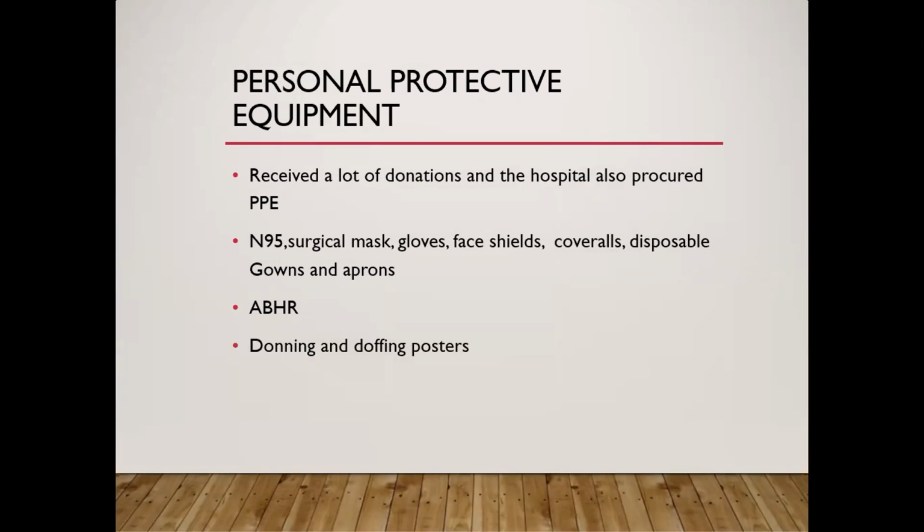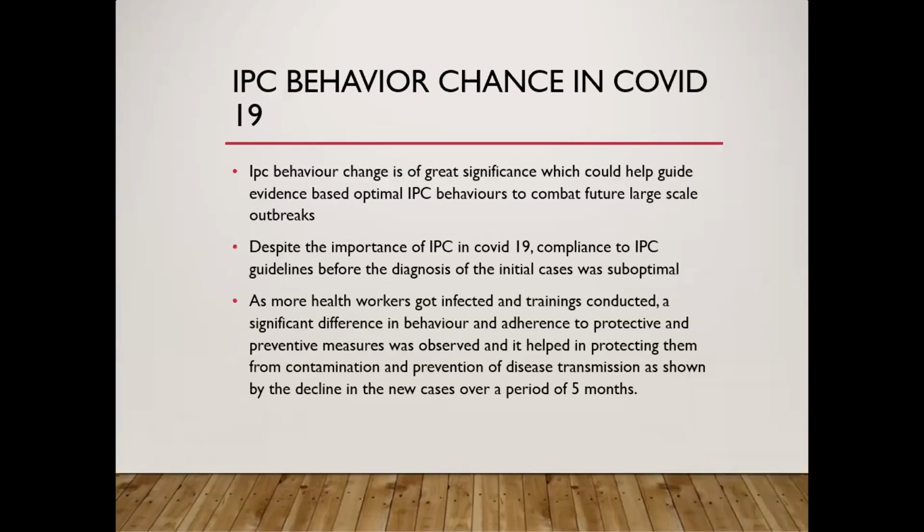So we've got N95, surgical masks, gloves, shoes, coveralls, and disposable gowns and aprons. Also, we have a lot of alcohol-based hand rub, and we've come up with a lot of donning and doffing posters so that people may be guided appropriately.